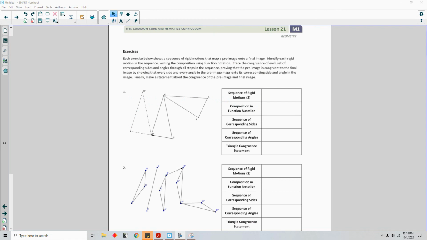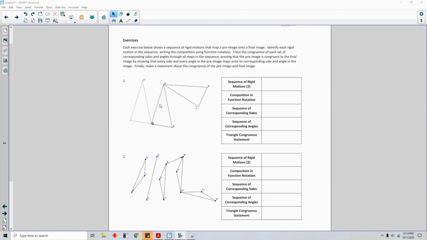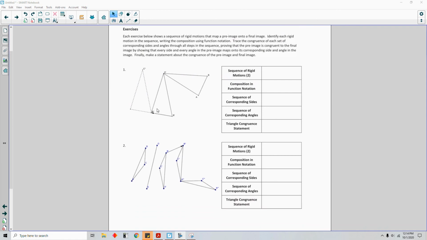Okay, page 3 brings us to an exercise. Exercises, remember, are supposed to be done on your own. So pause the video, see if you can do this, and then come back and check your answers. So it says each exercise below shows a sequence of rigid motions that map a pre-image onto a final image. Identify each rigid motion in the sequence, writing the composition using function notation.